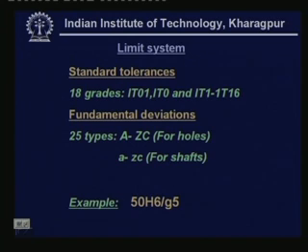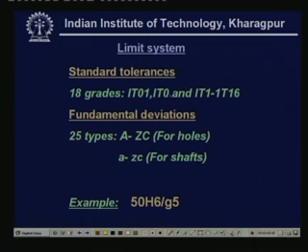Now, you understand that if you are just machining on a lathe, then maybe IT1, IT0 can be achieved for very good machining systems, and a very standard one is something around 5, 6. However, larger ones like IT16 etc. normally may occur in cases of some rough castings and other things. You can expect such situations.